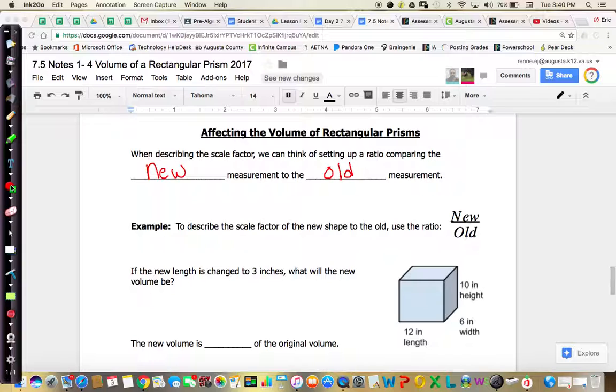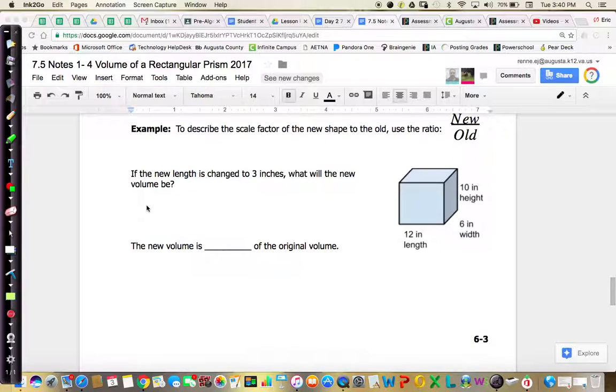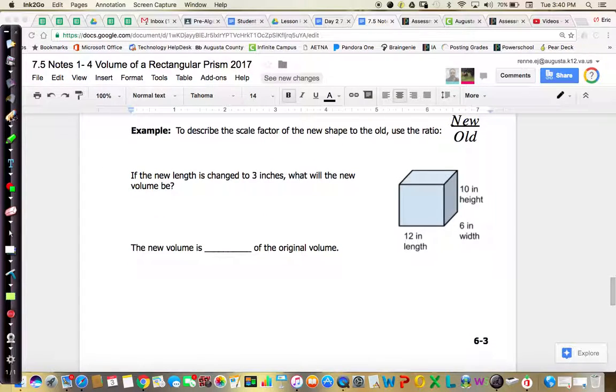So let me move up just a bit here so that you can see all of my work. Okay, so it says the new length is changed to 3. What will the new volume be? So the new length is changed to 3 inches.